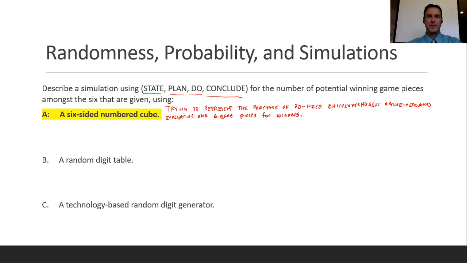So we'll look at our 6 game pieces and figure out which ones are winners and which ones are losers. We'll do so by, in this case, rolling a die. And how am I going to do that?